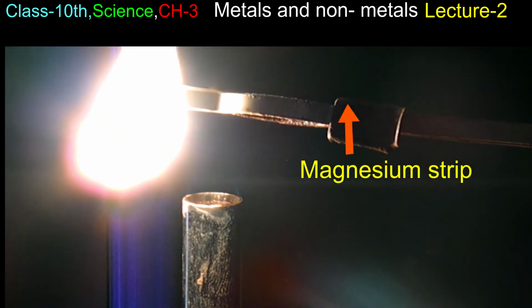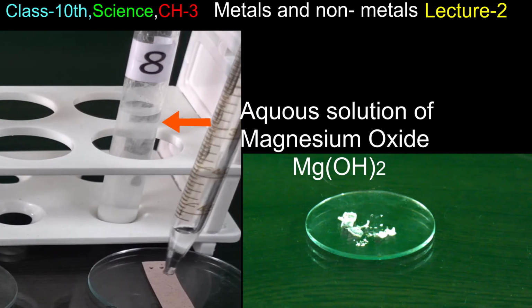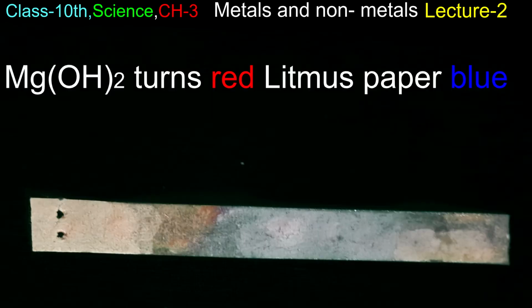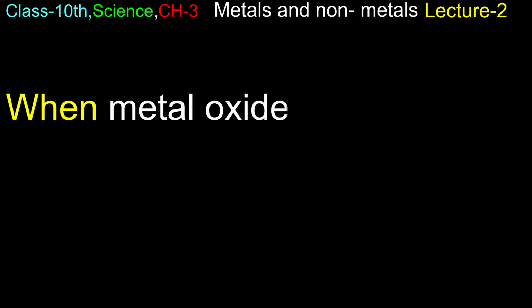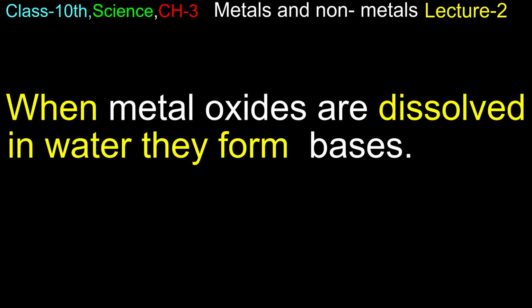I dissolve this burnt magnesium in water and test it with litmus paper. You can see that it turns red litmus blue, meaning this is basic in nature. You can conclude that metal oxides, when dissolved in water, turn into bases.